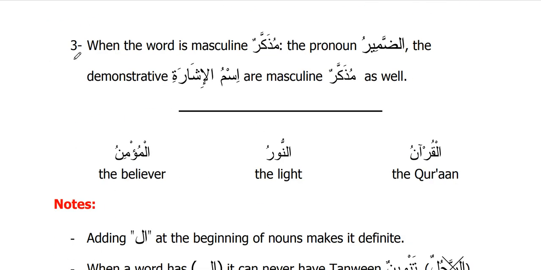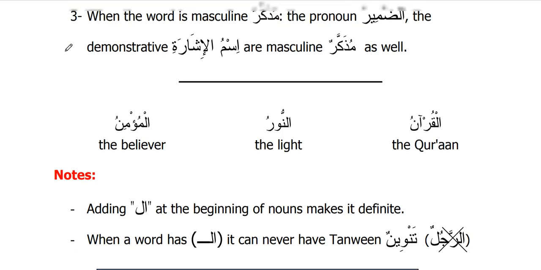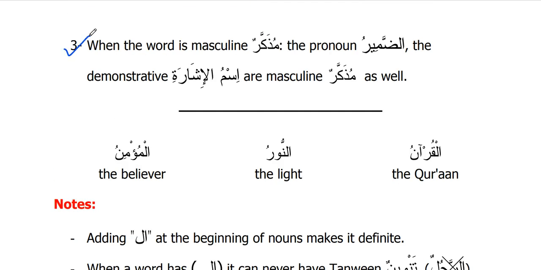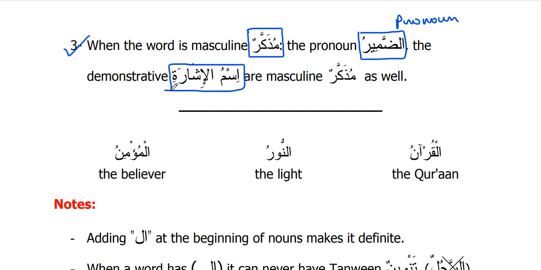The third point we come across here is about the lam at-tarif. I have already covered lam at-tarif in unit number 13 step by step. So for details, you can watch the video. When you come across a masculine noun, keep in mind when you are forming an Arabic sentence, if the noun is a male, the damir, meaning the pronoun, and the ism al-ishara, that means the demonstrative pronoun, are all masculine.